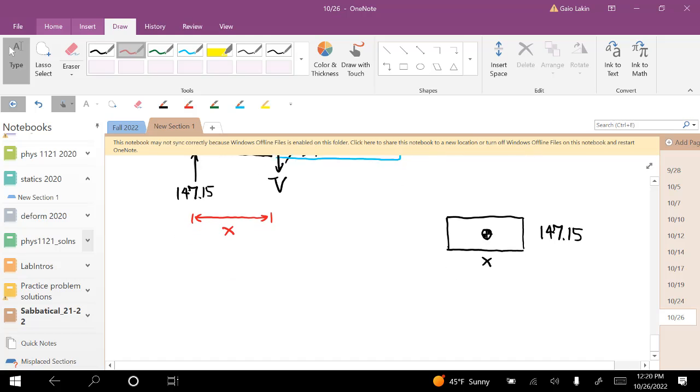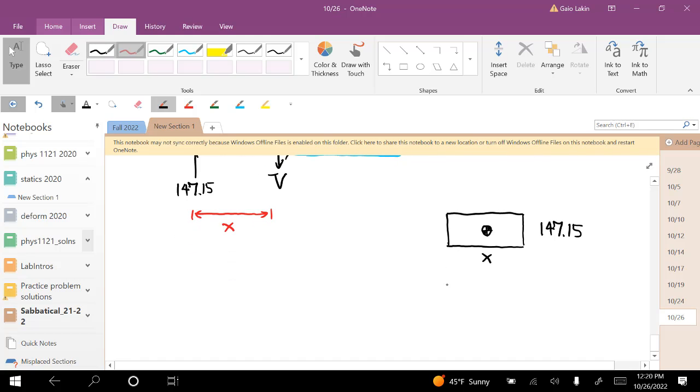So the centroid is going to be in the middle. And what's the area of that rectangle? This is the point force. So A is 147.15x.